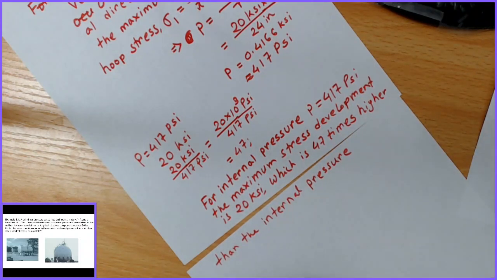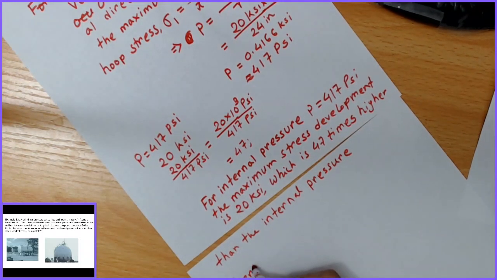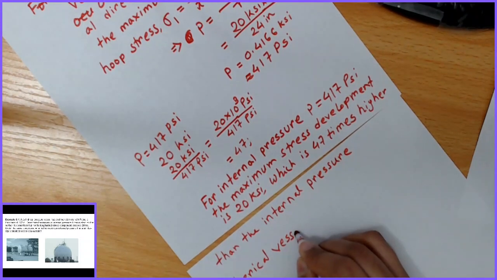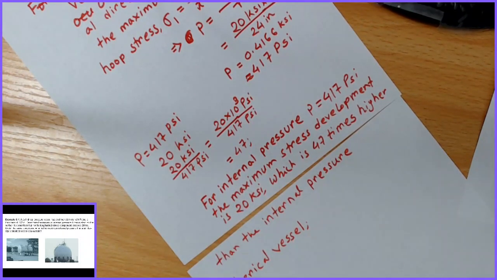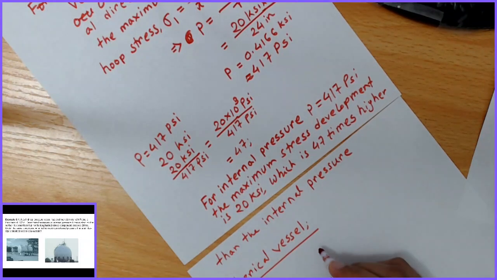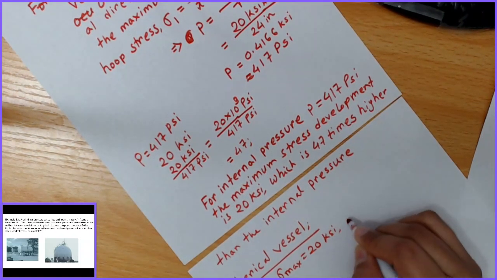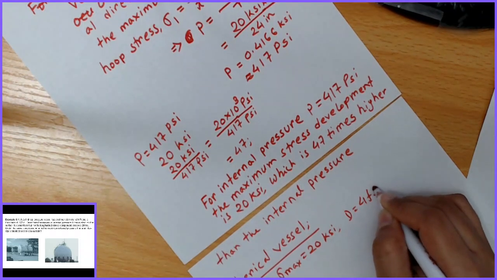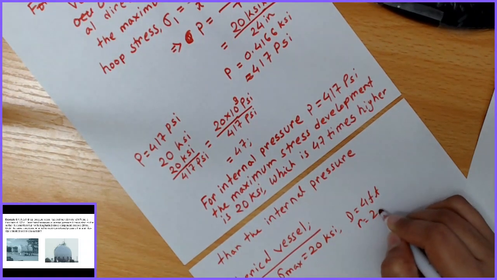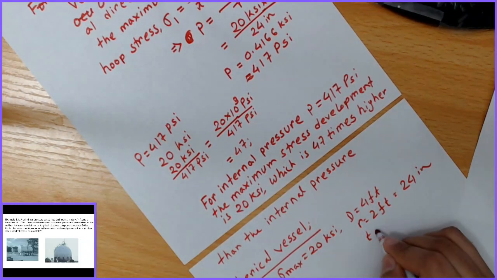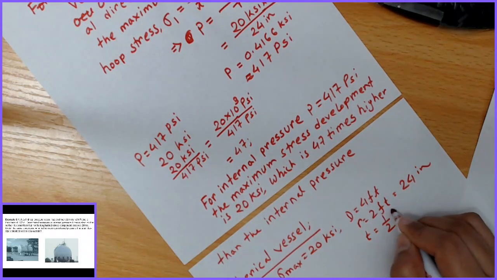Now consider the second case, the spherical vessel. In the spherical vessel, the sigma max is also 20 ksi, D is also 4 feet, so R is equal to 2 feet, equal to 24 inch. T is also the same, half inch.